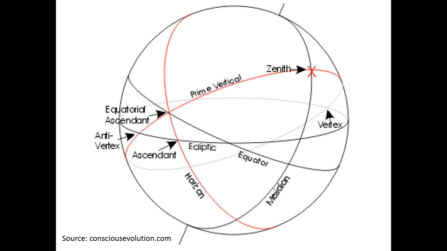The great circles. There are 5 great circles when we are casting an astrological chart. These great circles are actually on planet Earth, but astrology projects them out into the heavens in the same way as they are on the surface of the Earth.